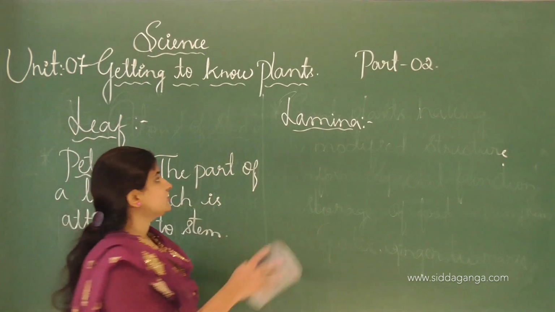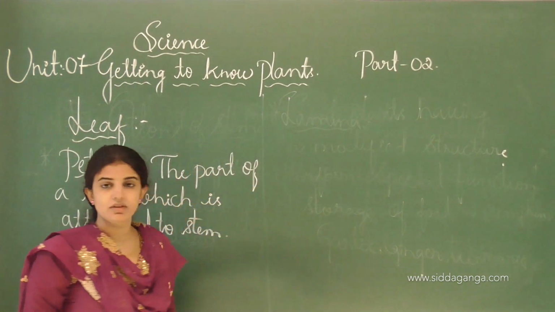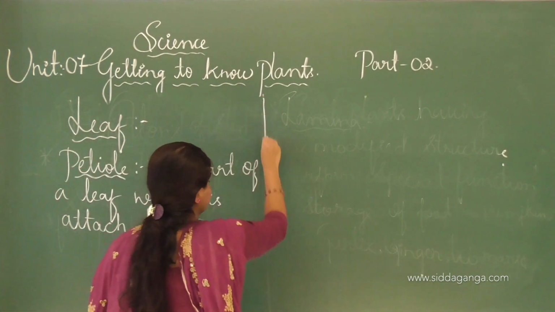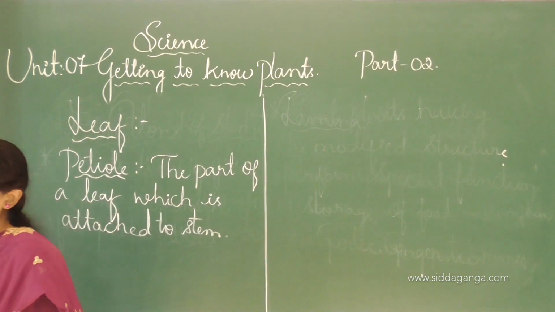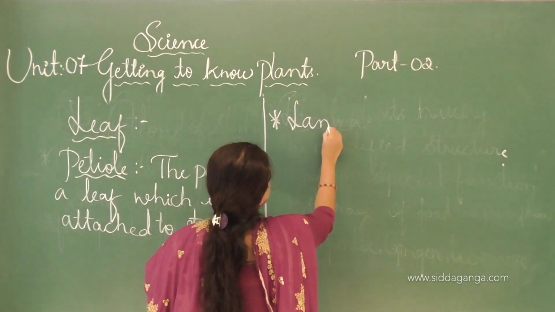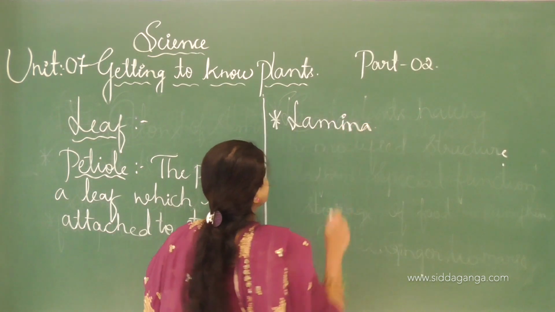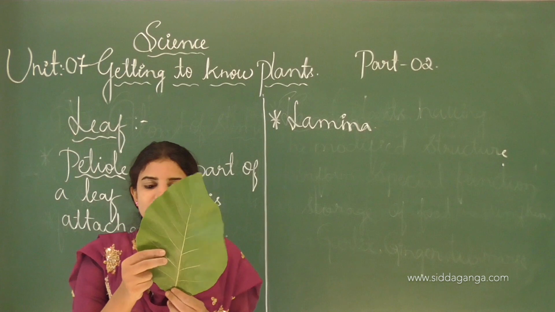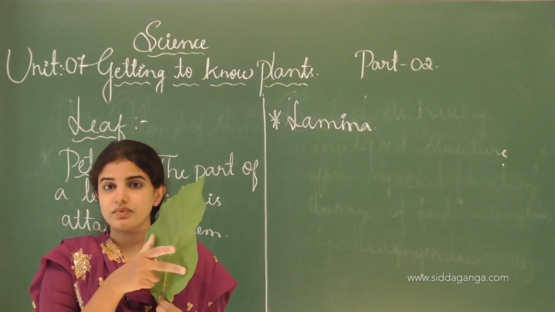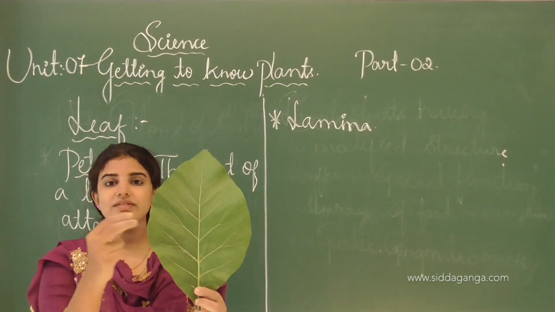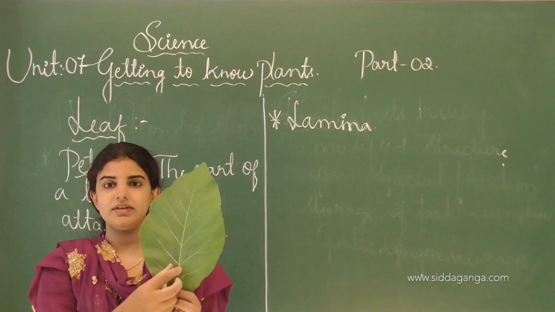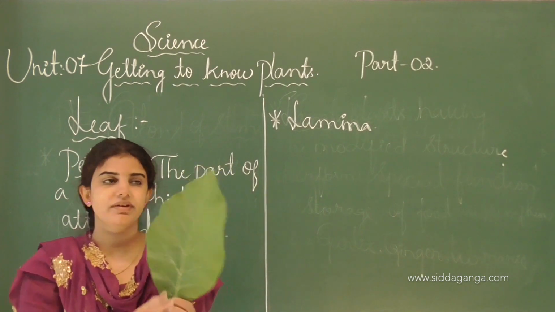The large broad green part which you see is called the lamina. Also, there are lines moving across the leaf, and these lines are called veins, and there is a middle line going along its length. This one we call the midrib.